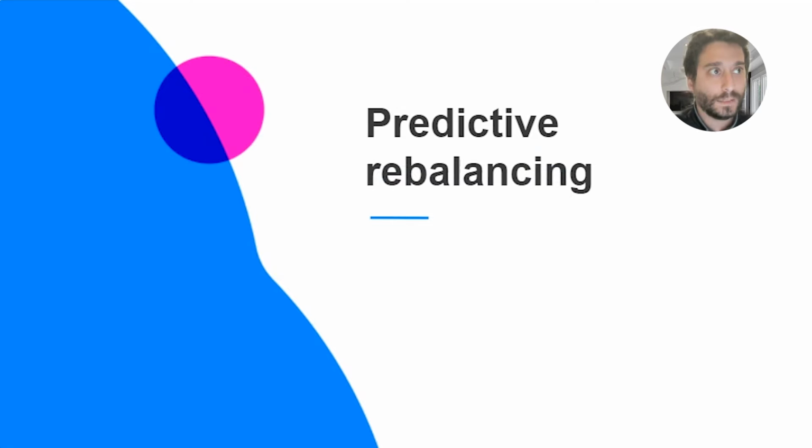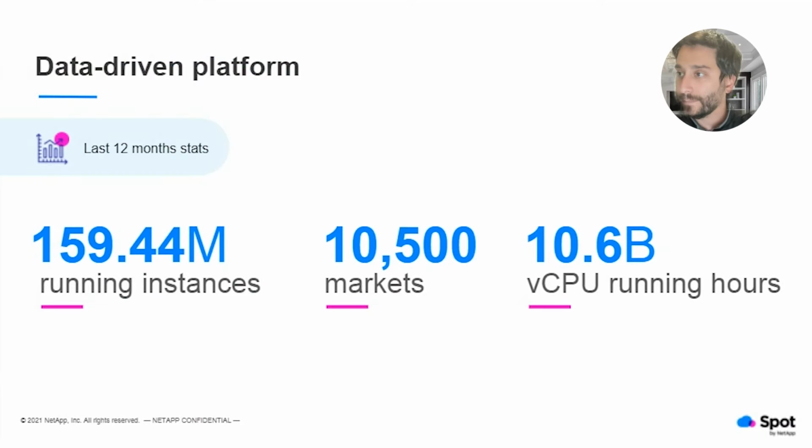Spot by NetApp, formerly Spot-Inst, started with Elastigroup. And since the beginning, we've managed many customers with many Spot instances. As we went through the years, we started to gather a very big data set. And that's a great example, because in the last 12 months, you can see that we ran almost 160 million instances with 10.6 billion vCPU running hours across 10,500 markets.